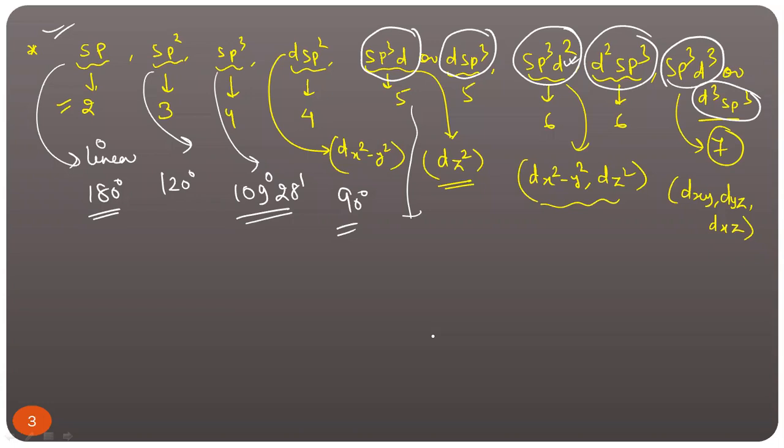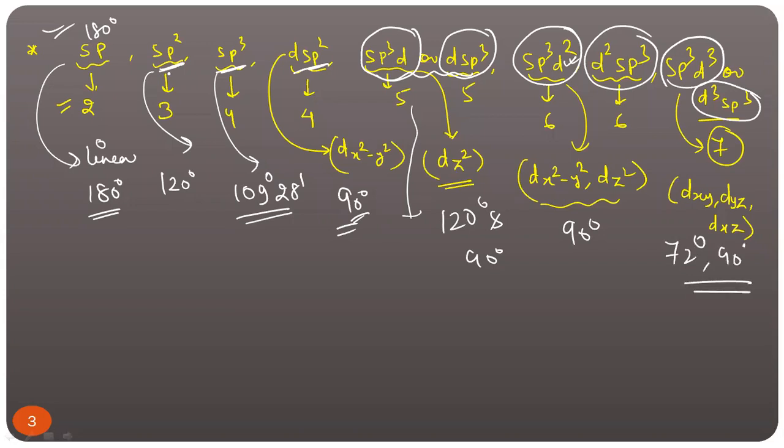Clear? Now sp3d2 octahedral, angle is 90 degree, and sp3d3 is called pentagonal bipyramidal, and angle is 72 degree and 90 degree. These are basic things we know, very easy. Again I'm repeating: 180 degree angle, 120 degree, 109 degree 28 minute, 90 degree, sp3d 120 degree and 90 degree, sp3d2 90 degree, and sp3d3 72 degree and 90 degree.